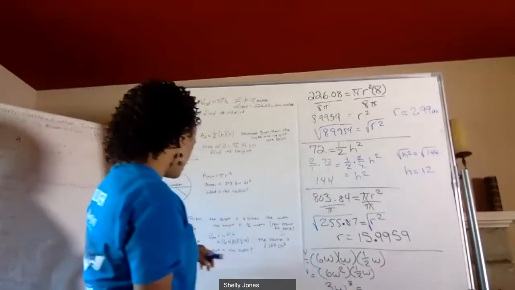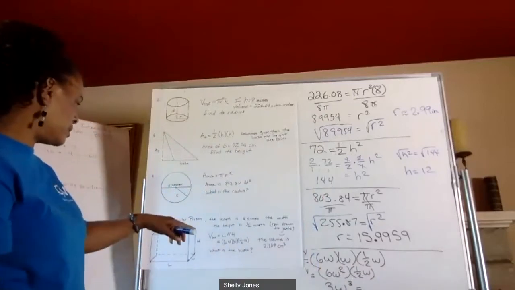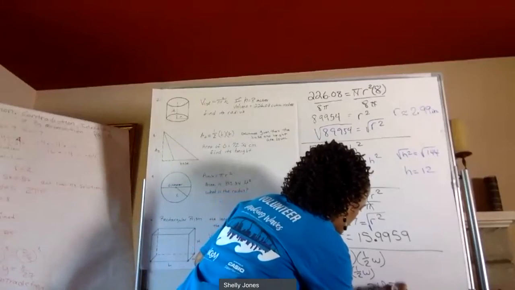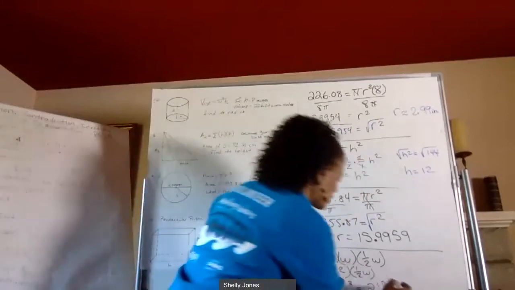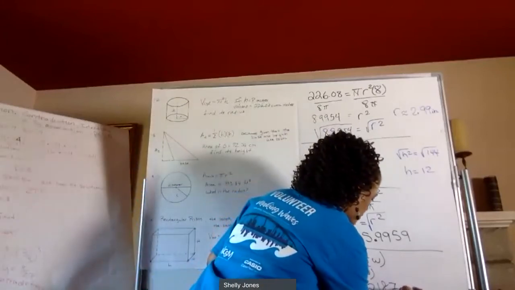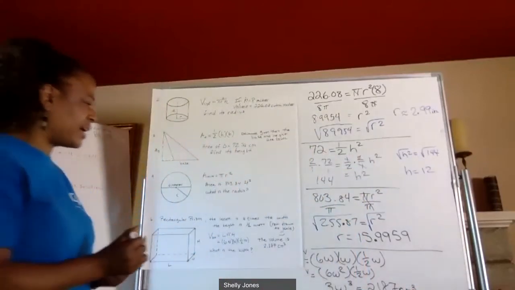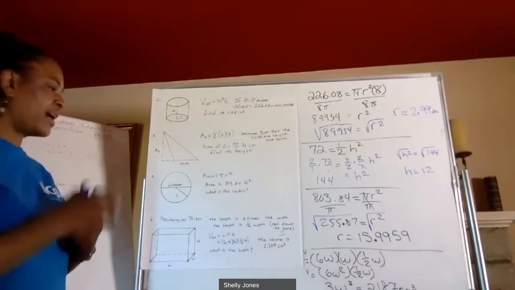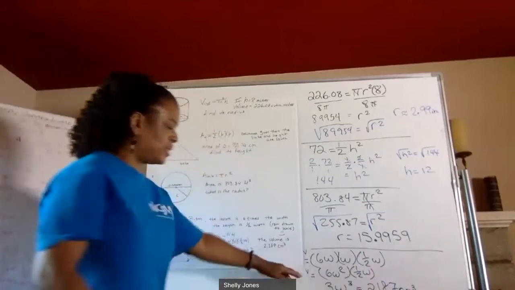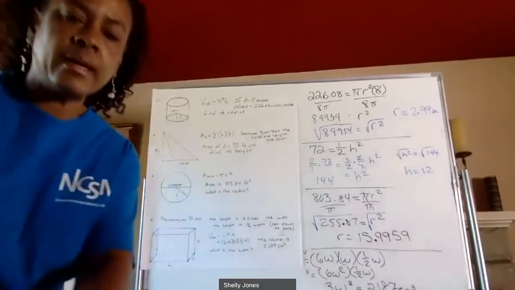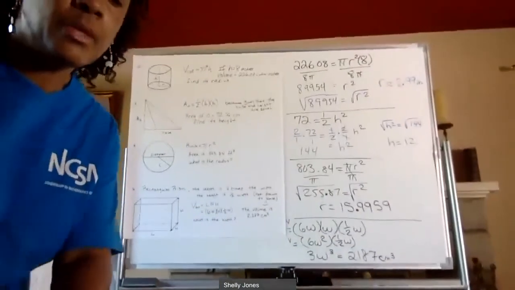And my volume is, where is it? 2187. 2187 centimeters cubed. And I can actually just finish it on this side. I have to divide both sides by 3. So you see that? I still have that 3 in the way. Let me do that, okay?